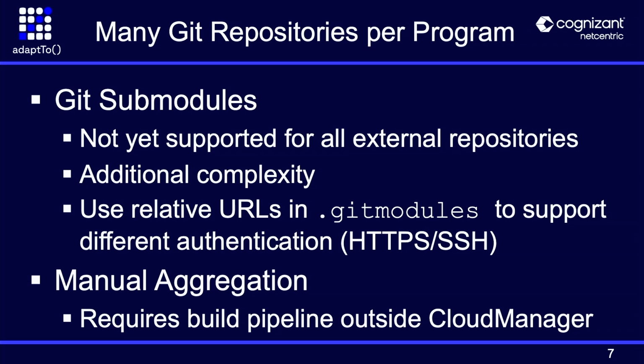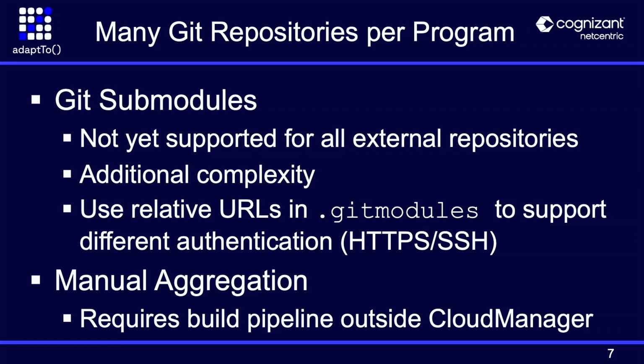So only within one single Git submodule, as if it would be standalone, although in fact it's being aggregated in the reactor somehow. Git submodules are unfortunately not supported yet for all external repositories. GitHub has support. There's no support for the other ones yet. So for Azure DevOps, for example, there's no Git submodule support from Adobe yet.